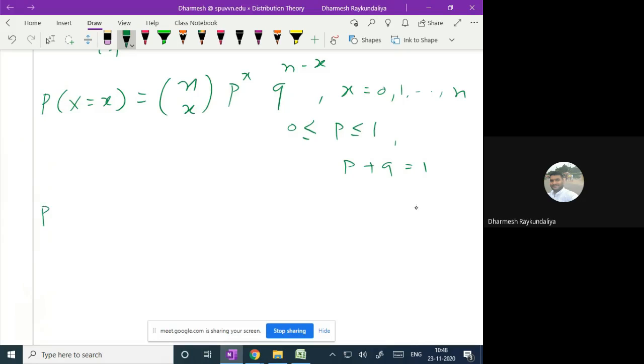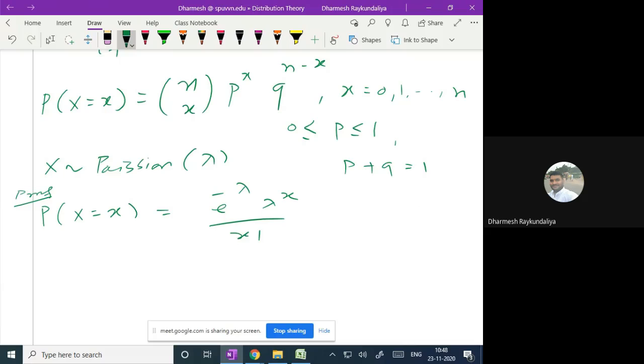You have also to talk about the distribution of count, that let us say X having the Poisson distribution with parameter lambda, if its PMF is given by e raised to minus lambda, lambda raised to x upon x factorial.